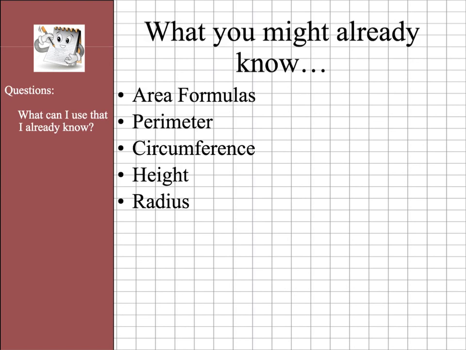So if you know how to find the area of each part, you should be able to find the surface area and or volume. Perimeter, circumference, height, and radius. These are all terms that we have used in the past and we will be using in this unit. Okay?